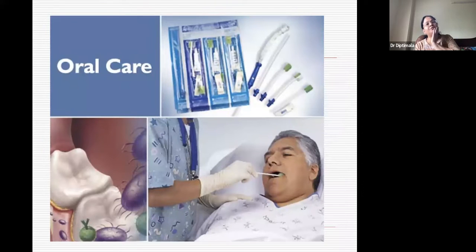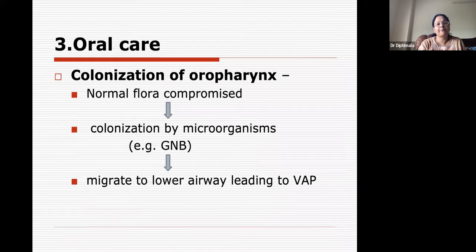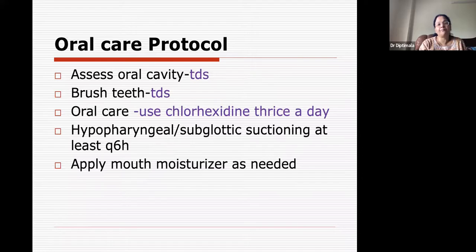For a conscious patient, oral care has to be through regular brushing. See, there is colonization in the oropharynx. So normal flora gets compromised. There is colonization by microorganisms which migrate to the lower airway, which leads to VAP, ventilator-associated pneumonia.